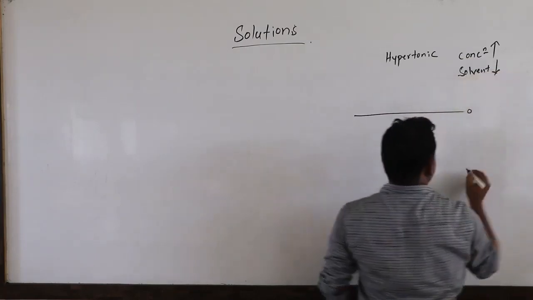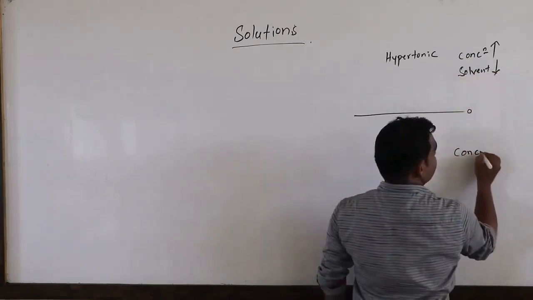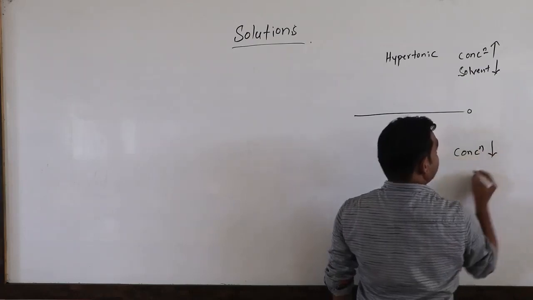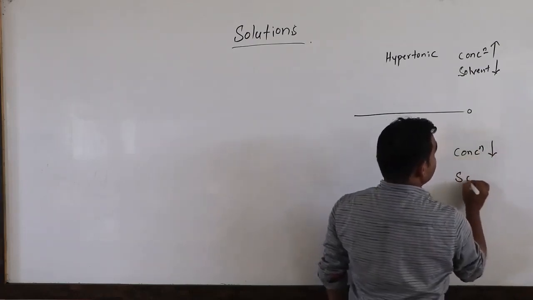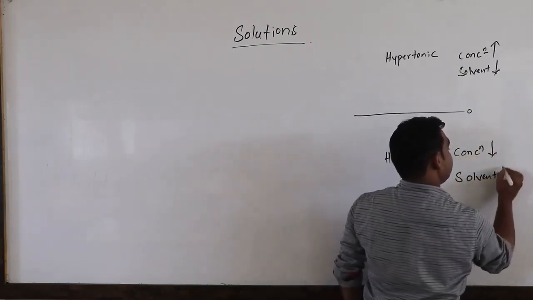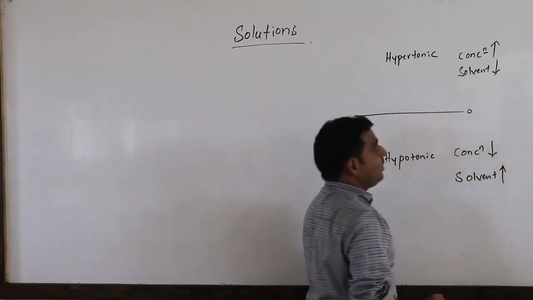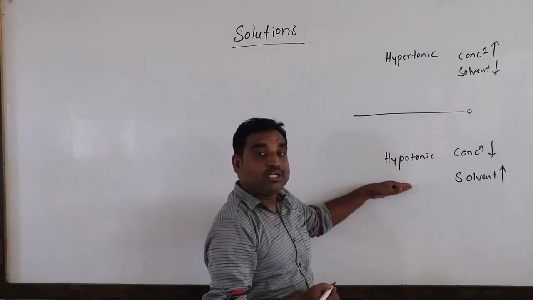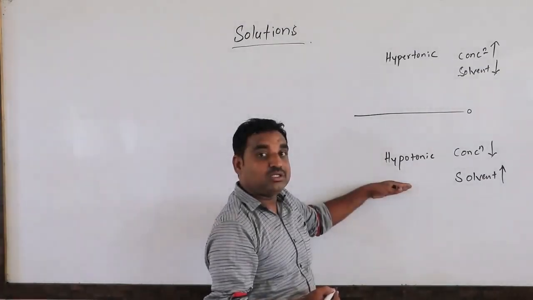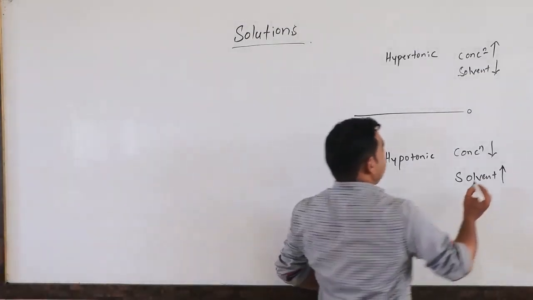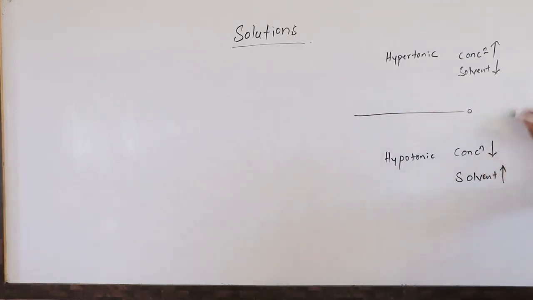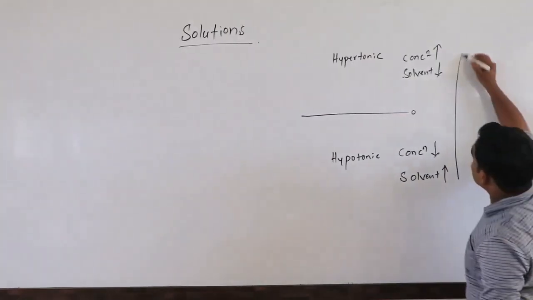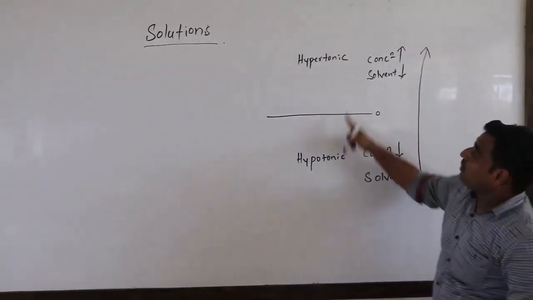Here, in the hypotonic solution, the concentration is less, which means it is a dilute solution, so solvent molecules will be more. If the hypertonic and hypotonic solutions are separated by a semi-permeable membrane, the solvent particles will move from the lower concentration to the higher concentration.